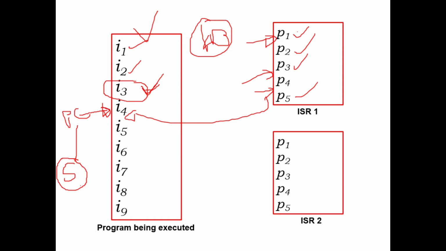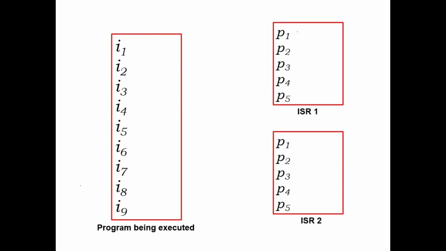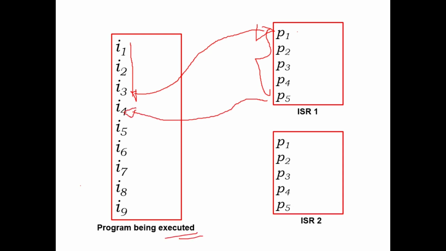So overall I can say that when the processor is executing instructions one by one, and during execution of I3, if there is an interrupt, suddenly the processor goes to a particular subroutine. I am repeating, a particular subroutine, and executes that subroutine. After execution of that subroutine, the processor comes back to the program being executed and continues the program execution.